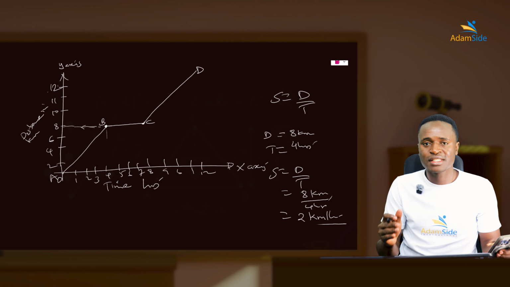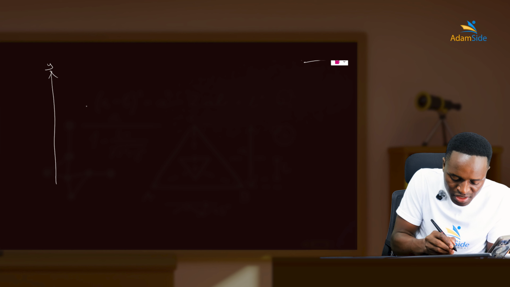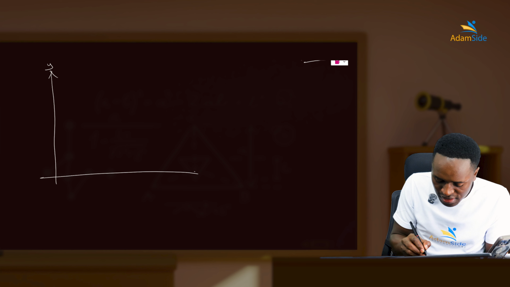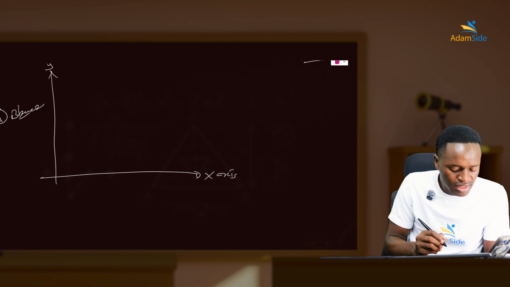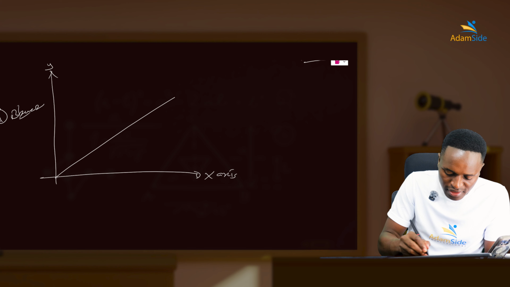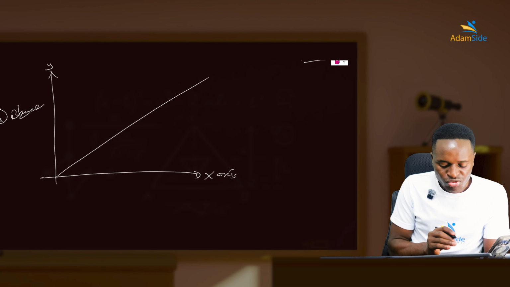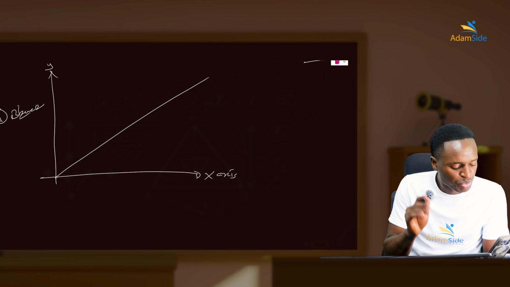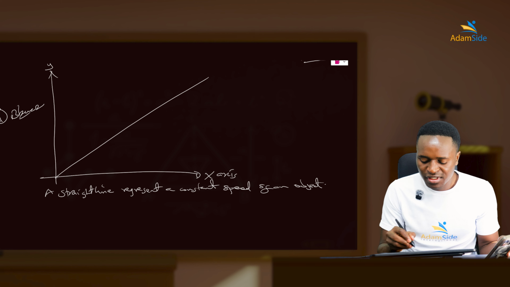Now, what we have to understand about a distance time graph, if this is the y-axis and this is the x-axis, and this represents distance. In a distance time graph, what does a straight line represent? We say a straight line shows a constant speed of an object. In other words, the speed of this car is constant throughout the journey.